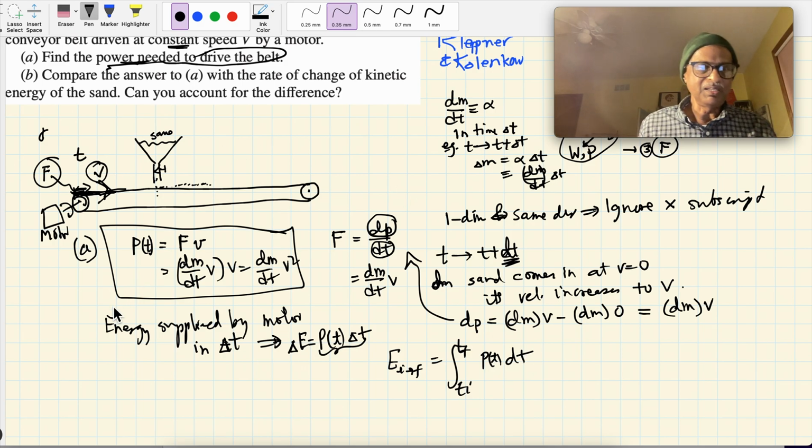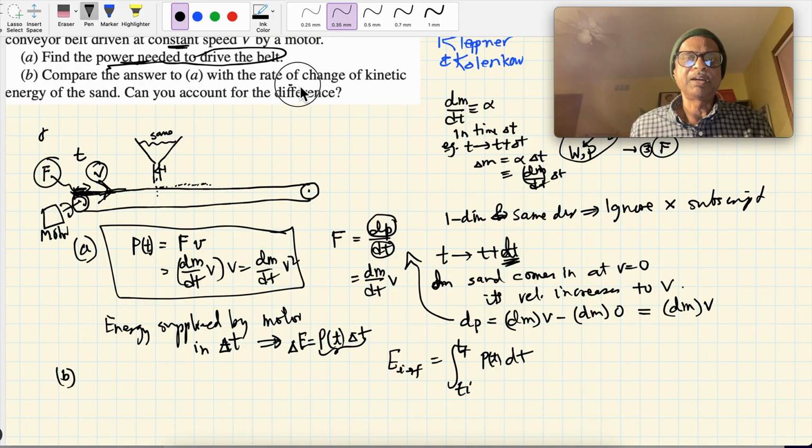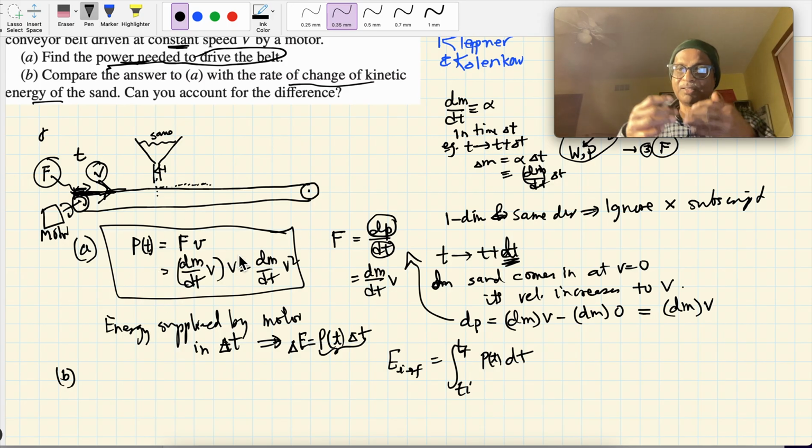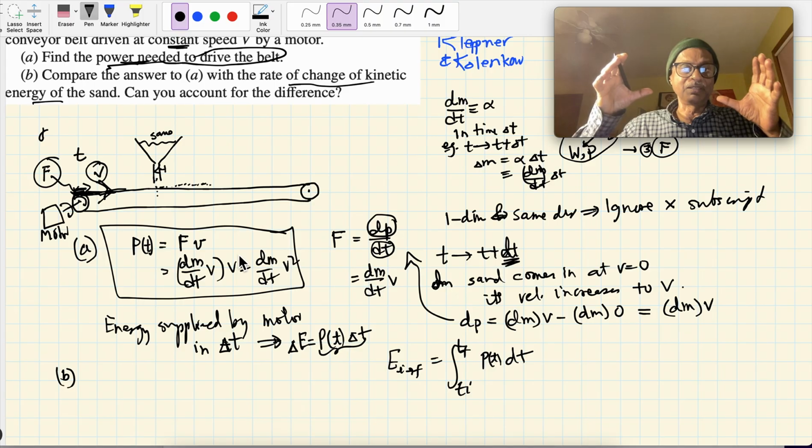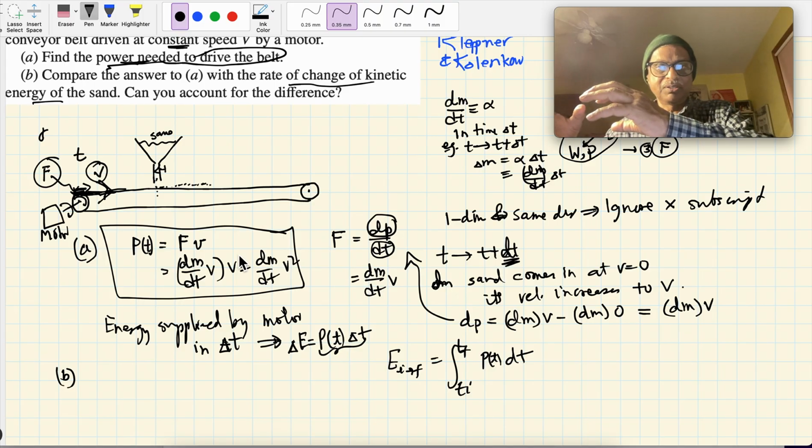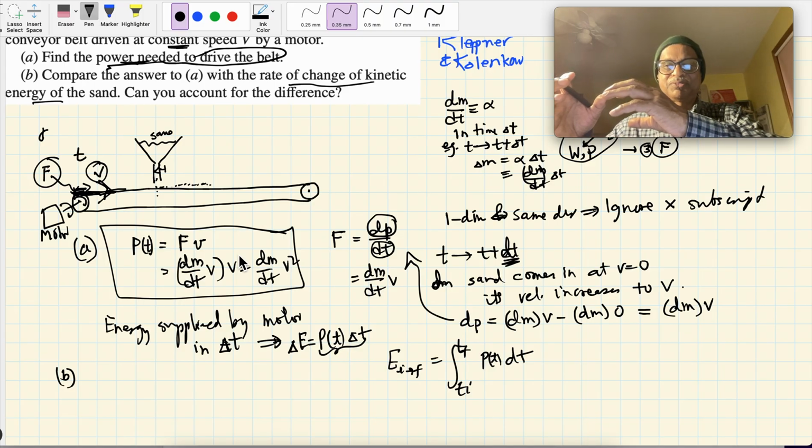All right, so to answer B, it says the rate of change of kinetic energy of the sand. Well, it looked like we already found this, the rate of energy supplied by the motor. It should be the same. One might think, what's overall happening? The sand's energy goes up, right?